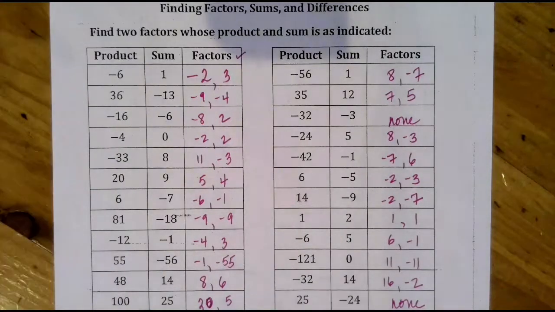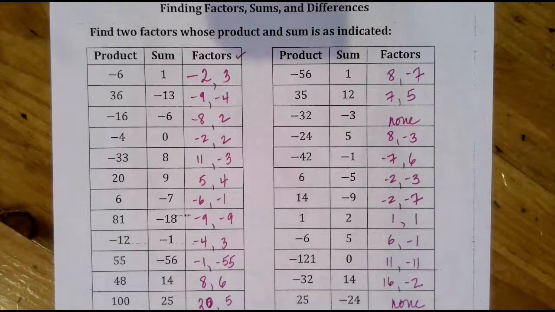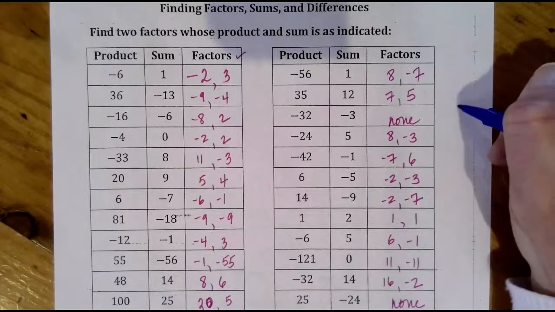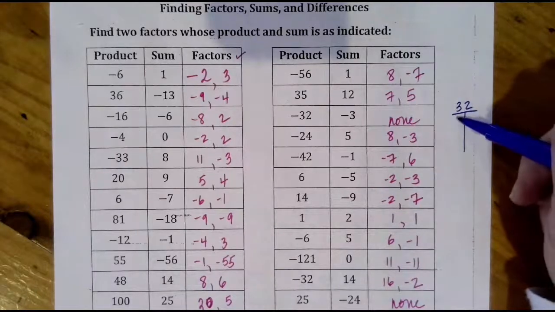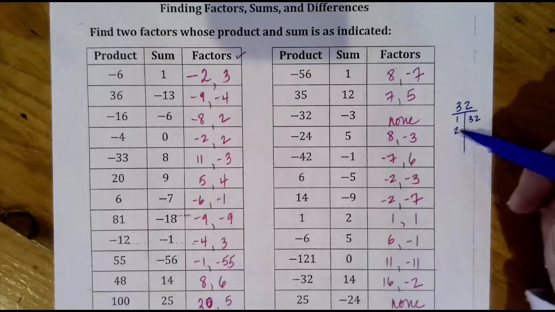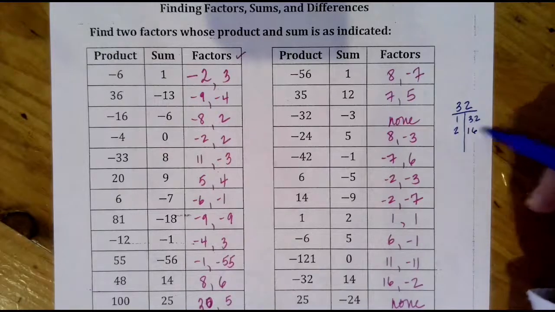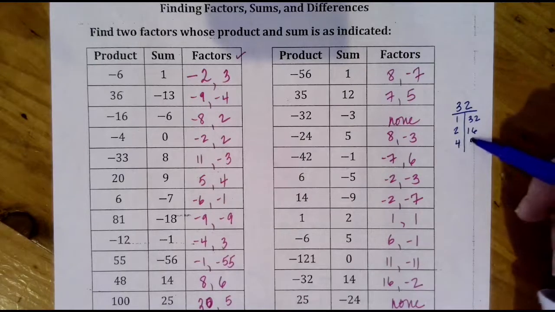If I look at negative 32, the only factors of 32, and this is where the tables on the front come in handy, my factor table is 1 and 32, and 2 and 16. 3 does not go in evenly, but 4 and 8.